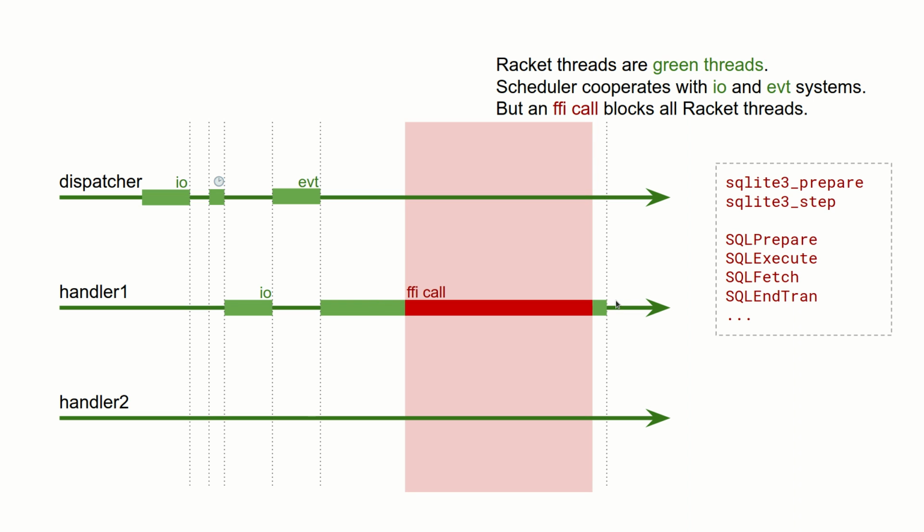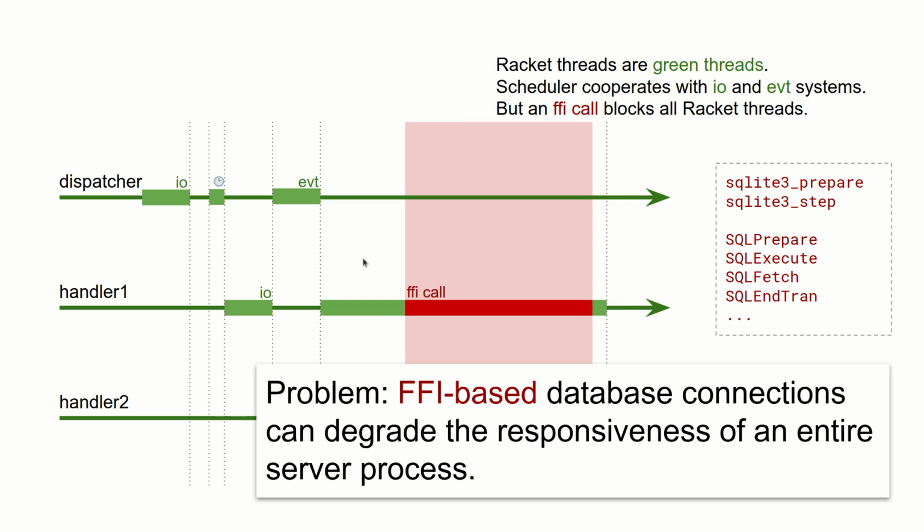And the entire Racket process cannot perform any actions while it's waiting for the FFI call to complete. And so this is the fundamental problem with FFI-based database connections. They can degrade the responsiveness of the entire Racket process that they're running in.